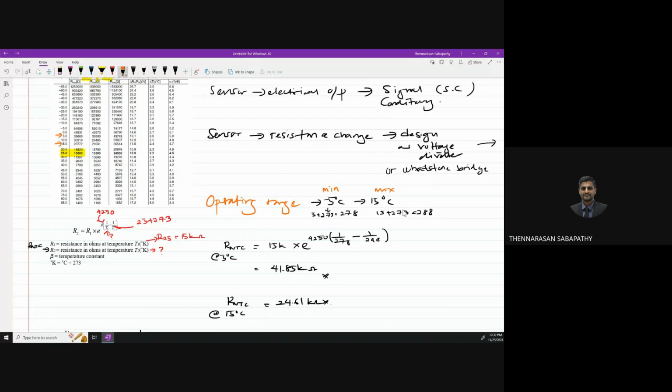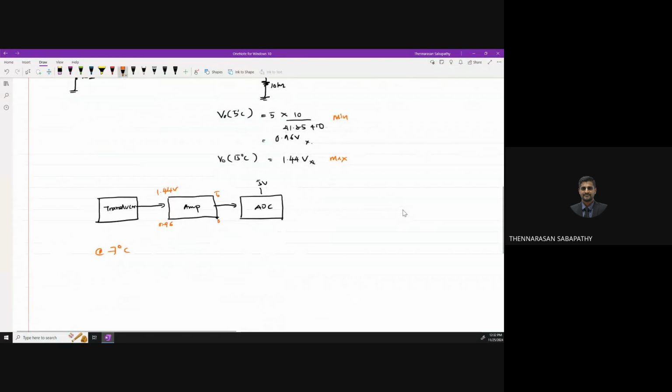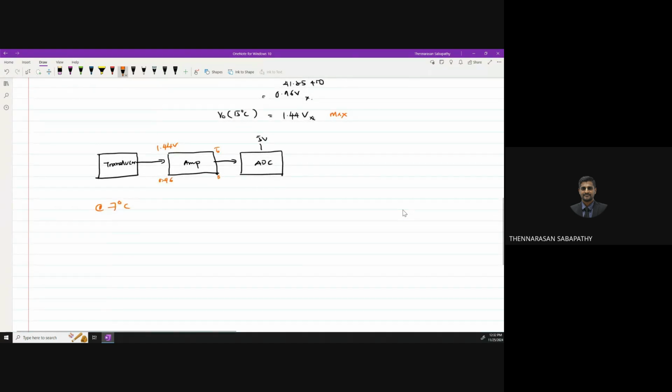Let's say we call it a cooler system. So from 5 to 15 degrees Celsius is the operating range.